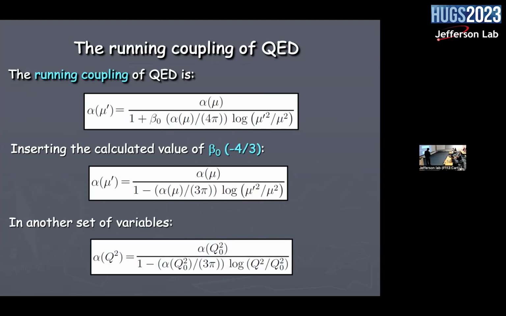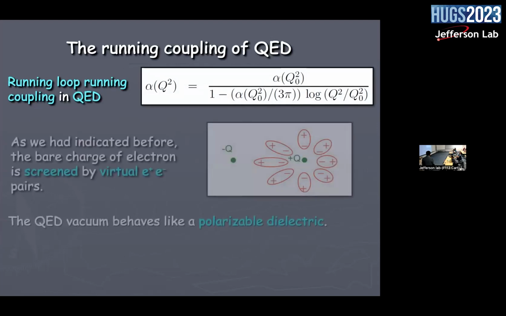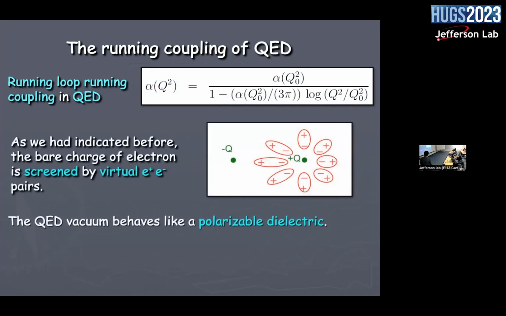But it also tells you that for calculating this alpha, you should have an initial condition: you have to know the charge at a different value of momentum to be able to evolve it and find what it is at a different momentum. So one input has to come, and that comes from experiment. Experiment tells us what the charge is at a given scale. Once you know that, you should be able to evolve it to a different place.